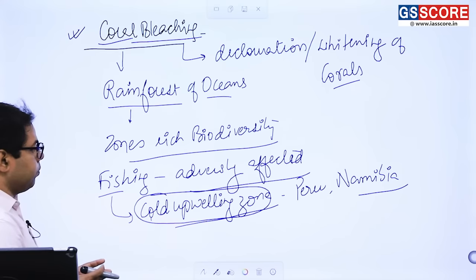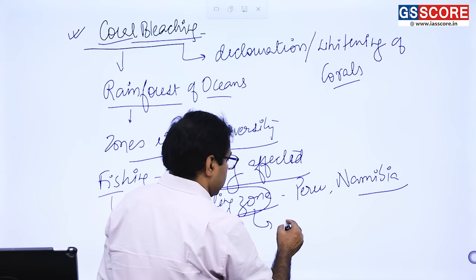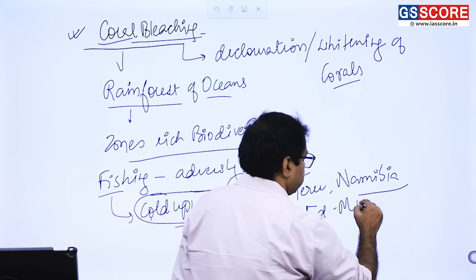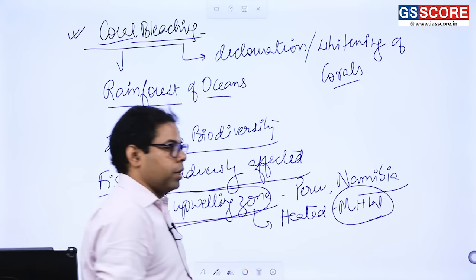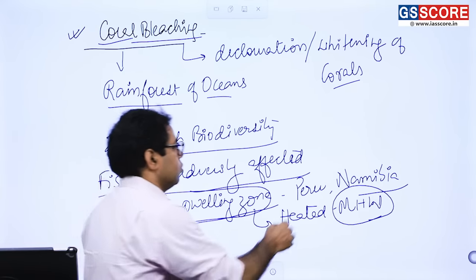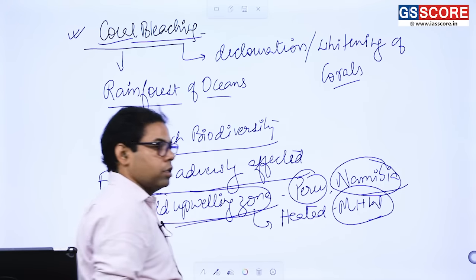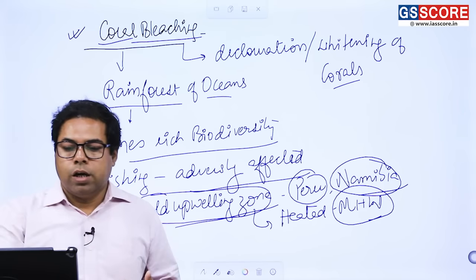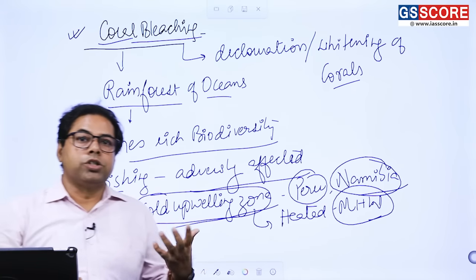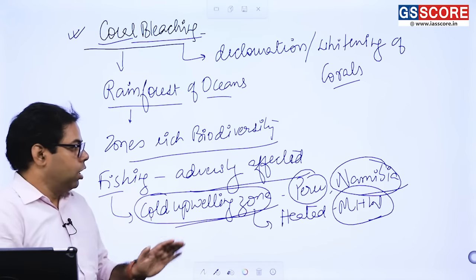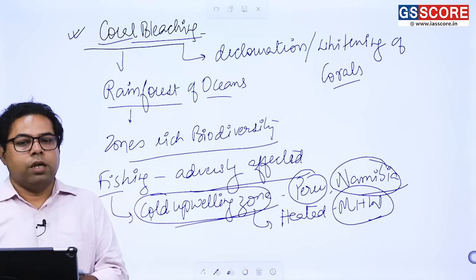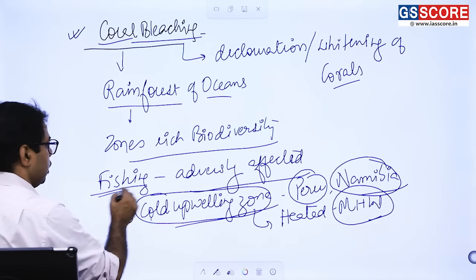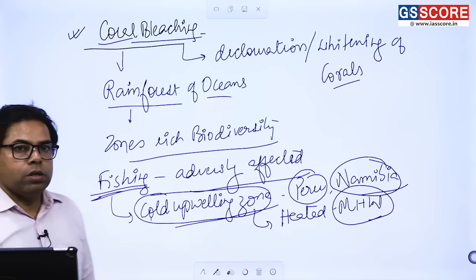If the water of the cold upwelling is heated because of marine heat waves, the adverse impact shall be observed on the coasts of the countries that take advantage of the cold upwelling. These countries shall lose their resource and their economic base. Therefore, the fishing grounds shall be adversely impacted because of the marine heat wave.